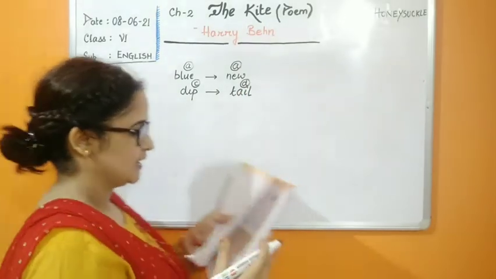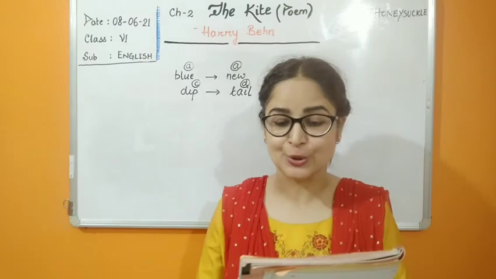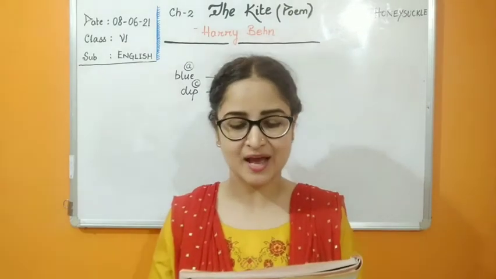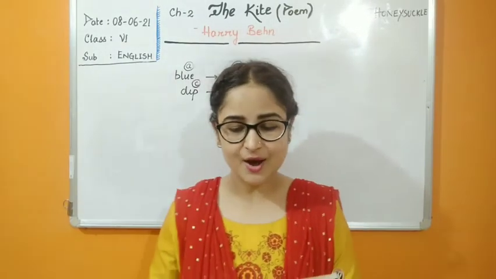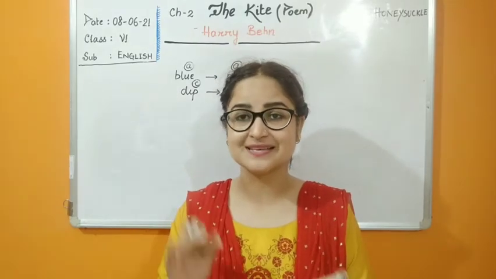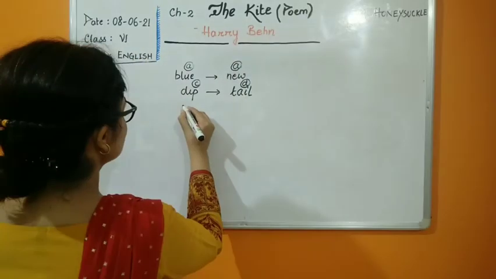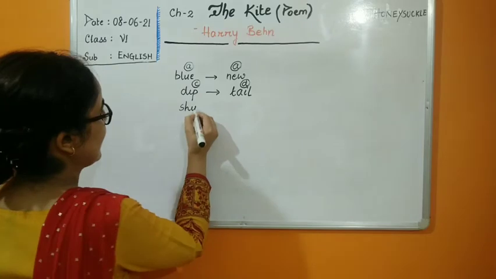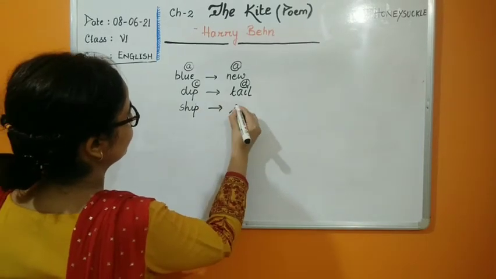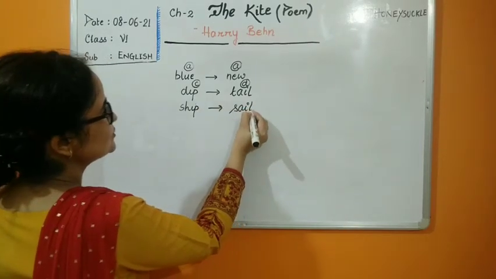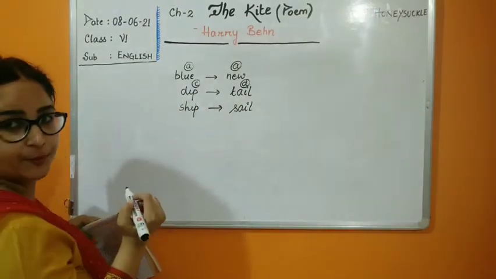Now, then soars like a ship with only a sail. Now we see that ship and sail are there. Now do you see that dip is rhyming with ship?